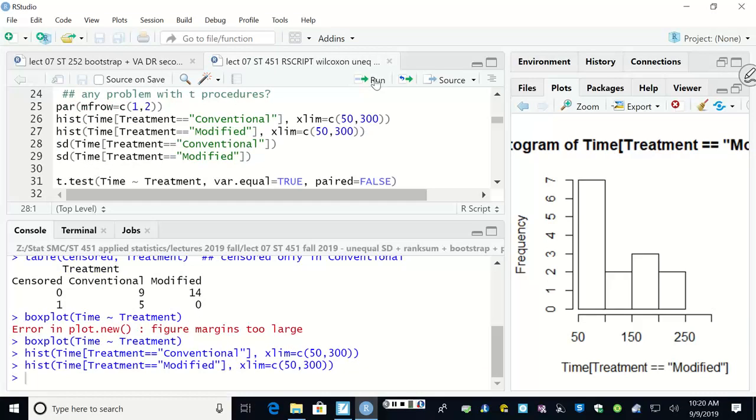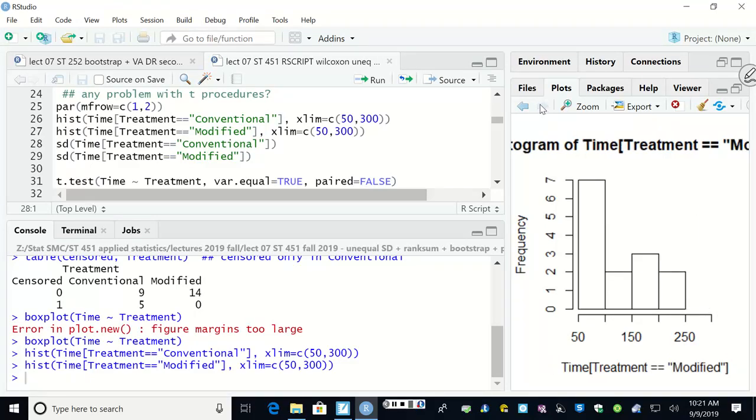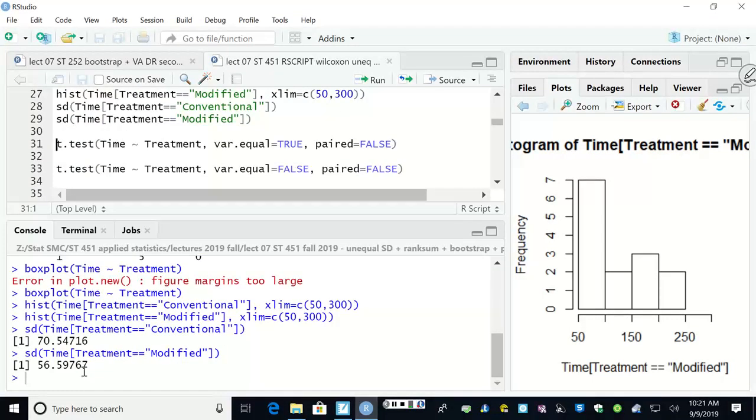Here's the plot for the modified. Looking between these two, the conventional starts at about 100 seconds and goes up to 300, whereas the modified one is lower. The standard deviations are not too different. I wouldn't worry about it too much with this example in the book, which is kind of interesting, why they put this one there. But anyway, we'll use this one.